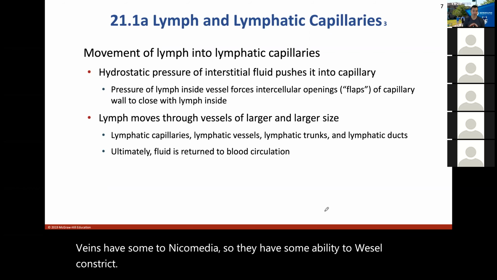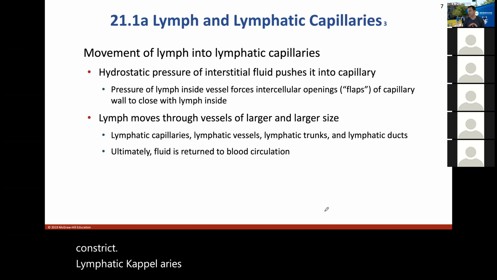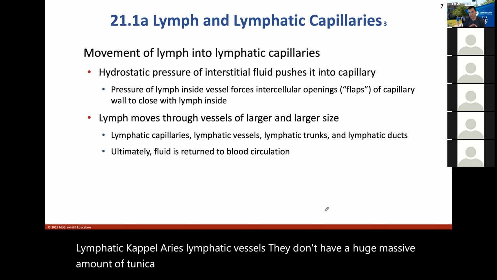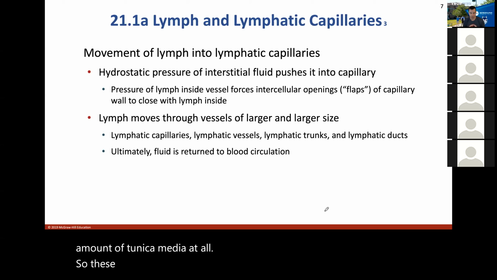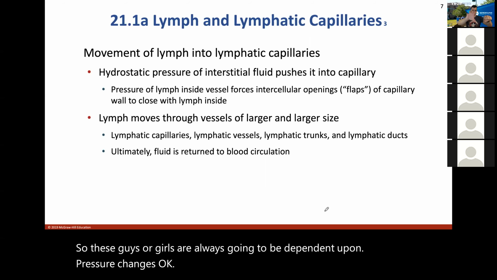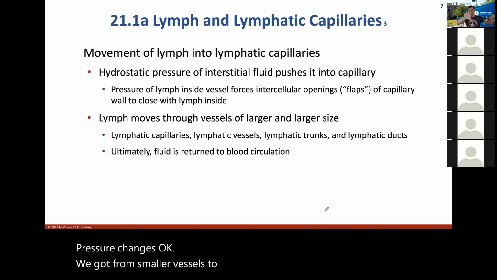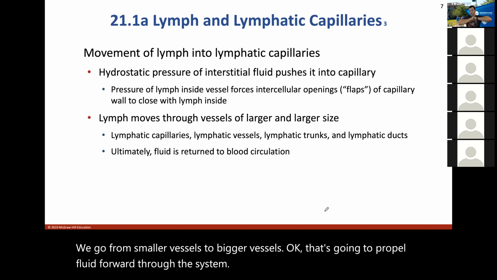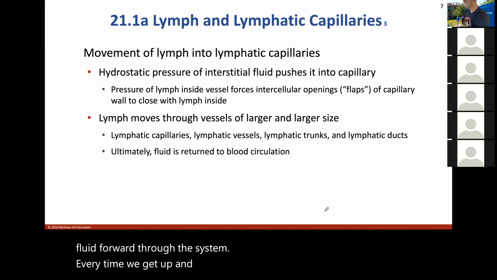Lymphatic vessels don't have a huge, massive amount of tunica media at all. So these are always going to be dependent upon pressure changes. We go from smaller vessels to bigger vessels, and that's going to propel fluid forward through the system. Every time we get up and move around, we are going to be moving fluid forward through these systems.